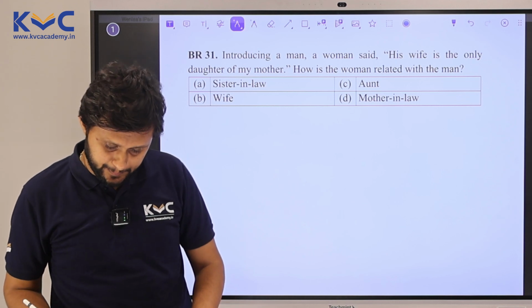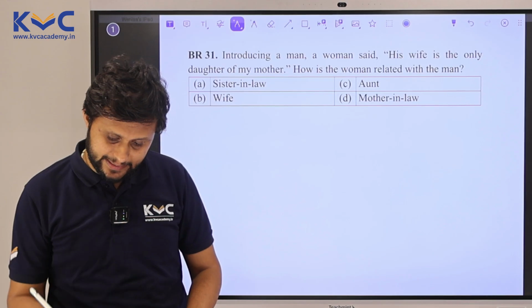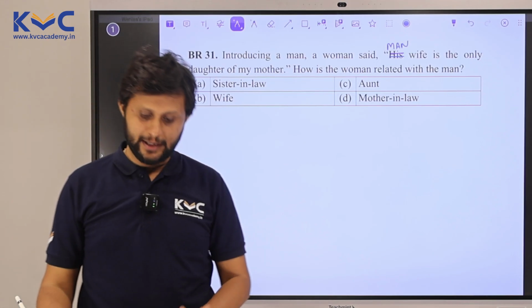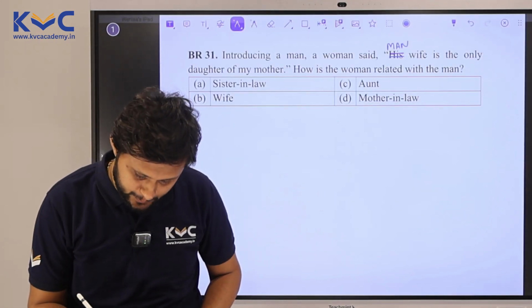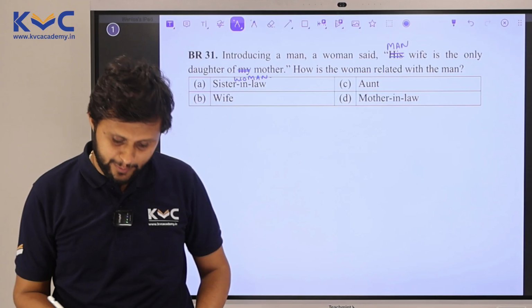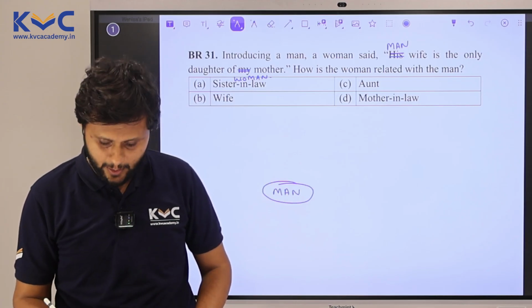Introducing a man, a woman said, this man's wife is the only daughter of my mother. My means who? The woman's mother. Okay. So his wife is there. So there is the man. Then we have the man's wife.